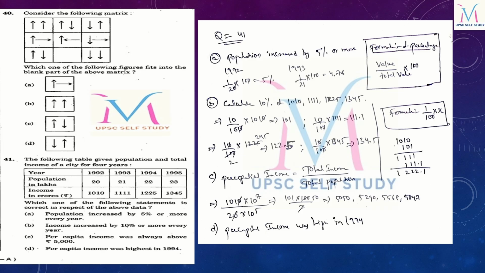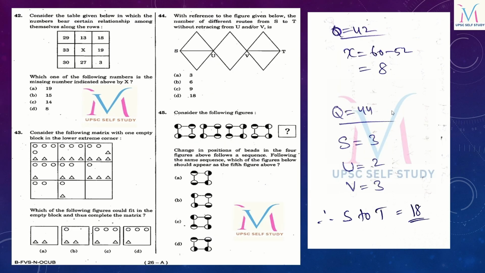So the per capita income was highest in 1995. So option D is wrong. So for this question number 41, statement C is correct. Okay, I hope you understood the question. So for question number 41, the answer is C.